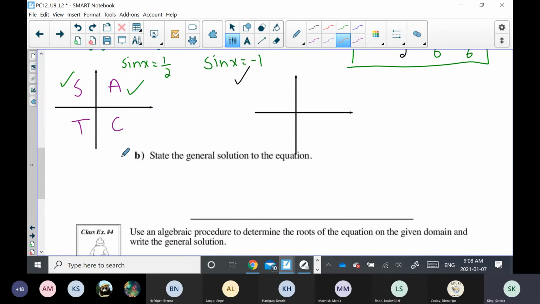So for B, again, the general solution is pi over 6 plus 2 pi n, 5 pi over 6 plus 2 pi n, and 3 pi over 2 plus 2 pi n.